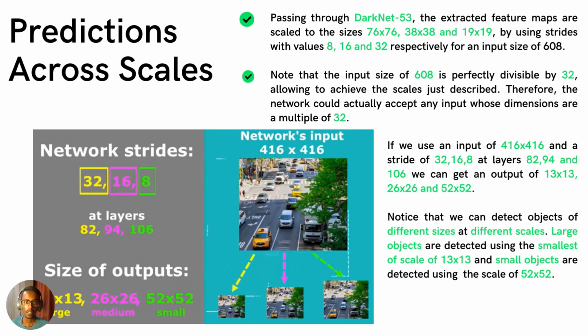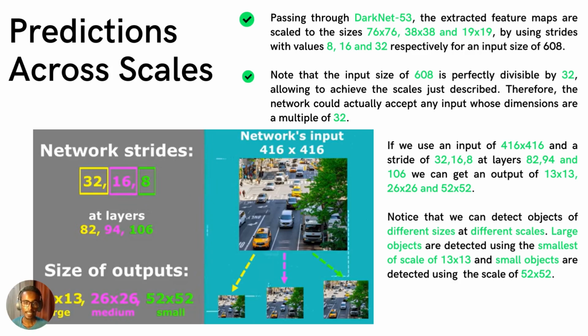And if we use an input image of 416 instead of 608, the spatial dimensions of these output feature maps at layers 82, 94, and 106 will be 13, 26, and 52 respectively, as we can see from the image on the left side.